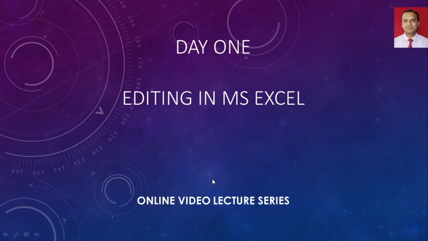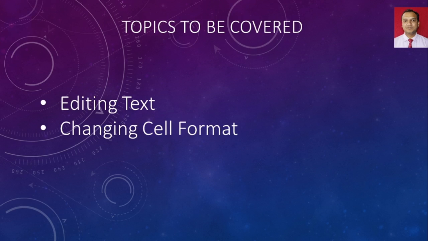Welcome students. Welcome to computer science class. So we are again starting a new chapter which is on editing in MS Excel. We are in day 1 of this chapter, and in this chapter I'm going to teach you a topic which is on editing text and changing cell format in Microsoft Excel.